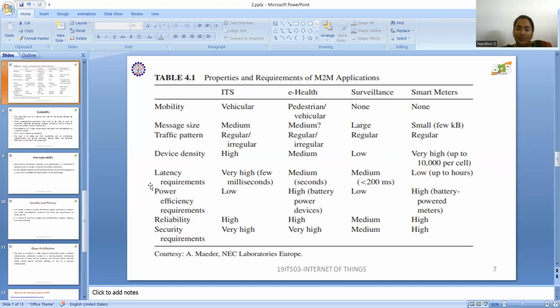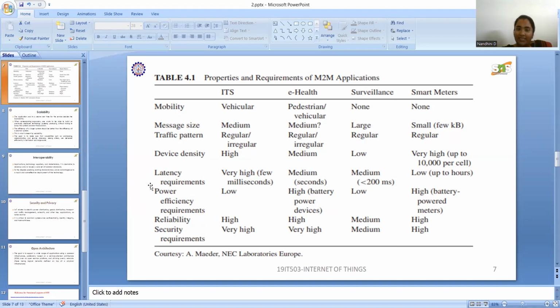In surveillance, we are using a larger regular manner, and in smart meters, a small regular manner. Then device density is high in ITS. In e-health, it is medium, and in surveillance, it is low. And in smart meters, it is very high, up to 10,000 per cell. Latency is very high in ITS. In e-health, it is medium. In surveillance, it is medium. In smart meters, it is very low.